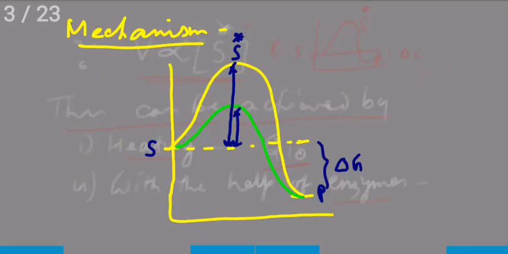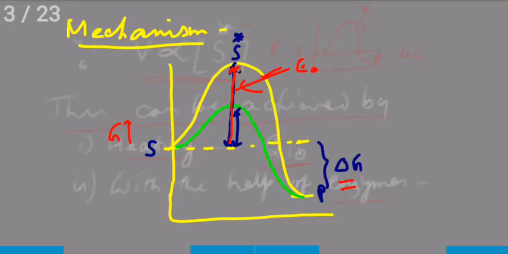So coming to the mechanism, how do enzymes actually increase the concentration of the transition state of the substrate? How do enzymes increase the rate of reaction? This is free energy. This is delta G. In an uncatalyzed reaction, like this yellow one, you can see this is the activation energy EA of the uncatalyzed reaction. It is very high.